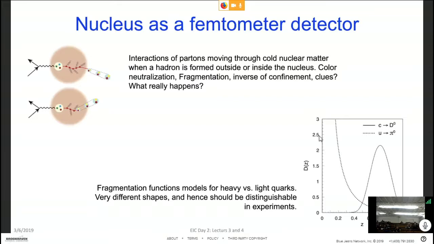On the right-hand side bottom, I show you a plot of our knowledge of the fragmentation function of heavy versus light quark. You can see that as a function of z, which is the fragment's momentum, the pion or the final hadron, as a ratio of the photon's momentum that created that hadron in such a process as the nucleus, the light quark's fragmentation function is very different from the heavy quark's fragmentation function.